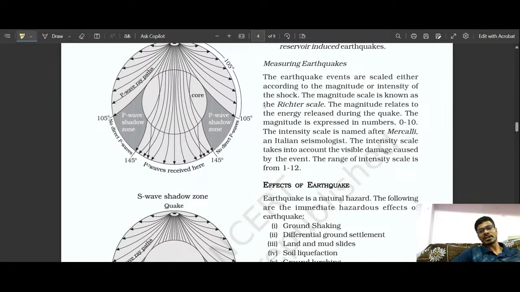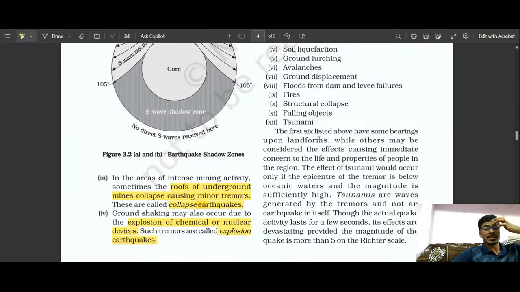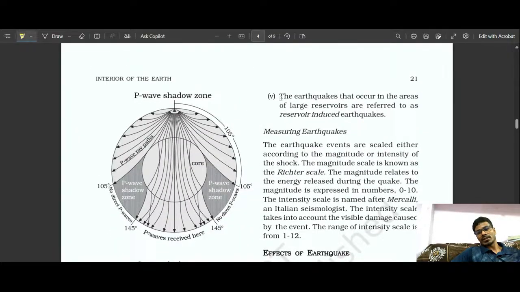If they are having this kind of nuclear weapons and there is leakage, this will cause explosions, and obviously will cause earthquakes. Another one is the earthquake that occurs in areas of a large reservoir. We know the dam. We refer to this as reservoir induced earthquake.